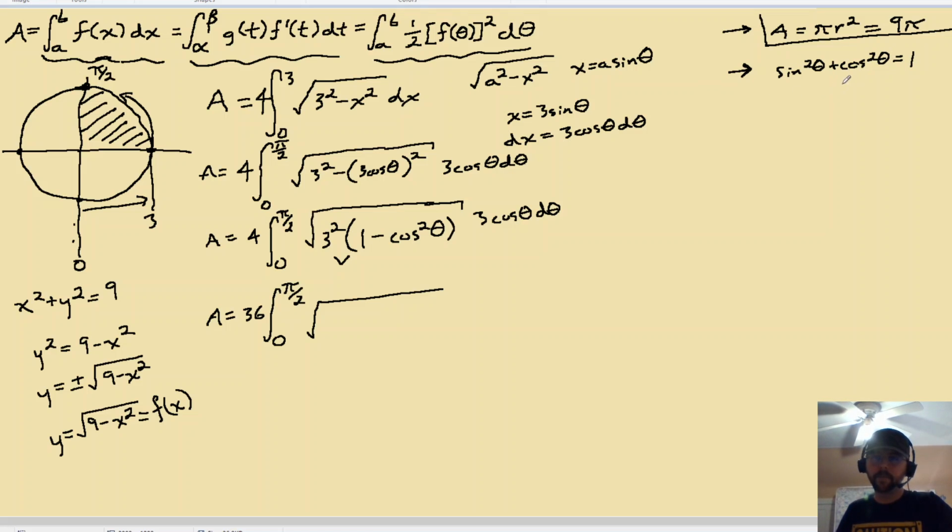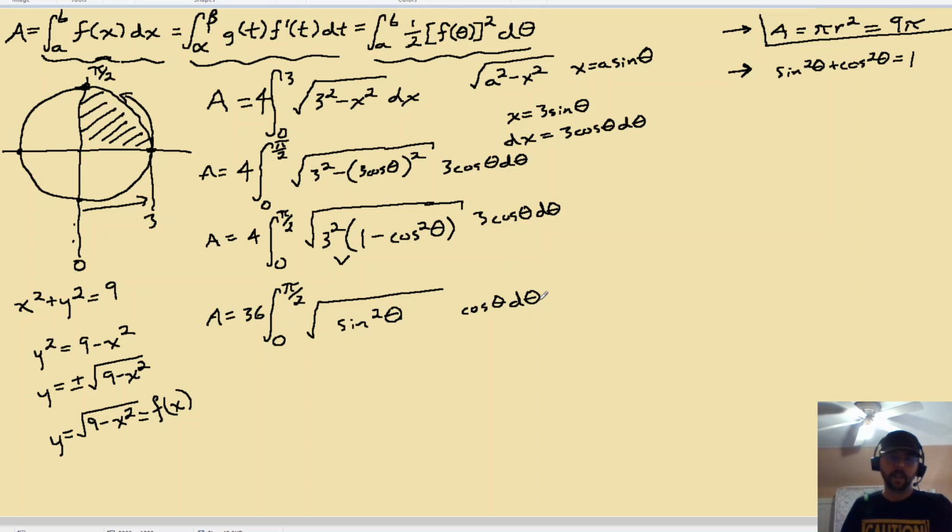And it's apparent from this that if we subtract the cosine squared theta, we get sine squared theta equals 1 minus cosine squared theta, or 1 minus cosine squared theta equals sine squared theta. So we're going to put that inside here. Sine squared theta. And we're still left with cosine of theta on the outside and d theta.